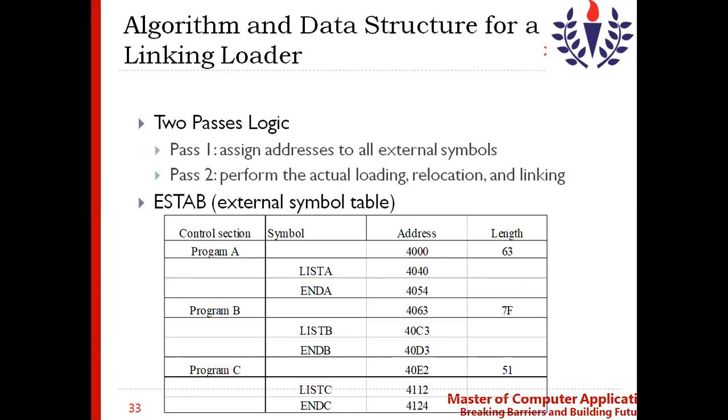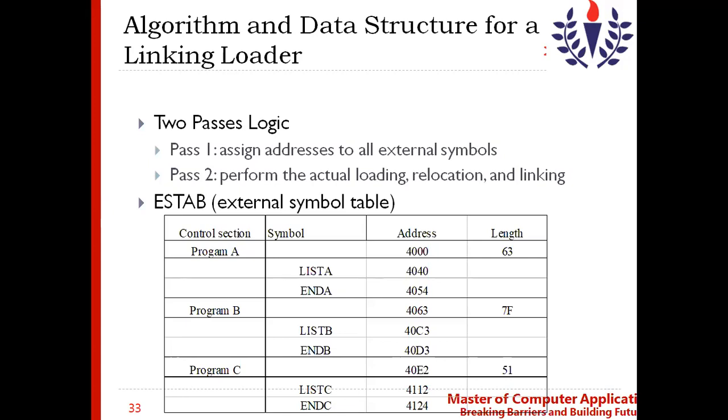In pass 1, it assigns addresses to all the external symbols, just as we create the symbol table in pass 1 of the two pass assembler. Similar to that, here we have a table called the external symbol table, the ESTAB. You can see the structure of the ESTAB in the slide.